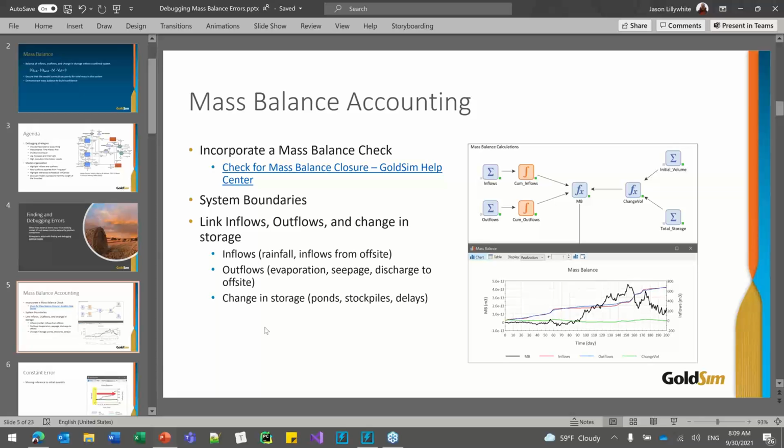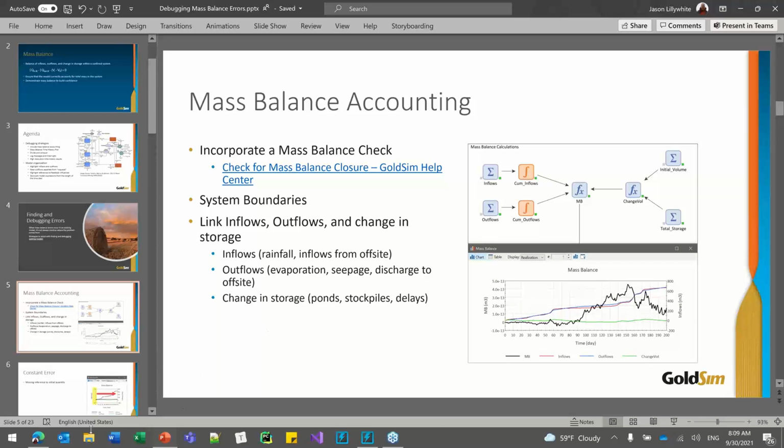Mass balance accounting can be easily done, as far as just the equations go, with some expressions and some integrators. We have a model in our library that you can copy and paste into your model, and it provides the framework and also some logging and error messaging along with it, so you don't have to rebuild it again.